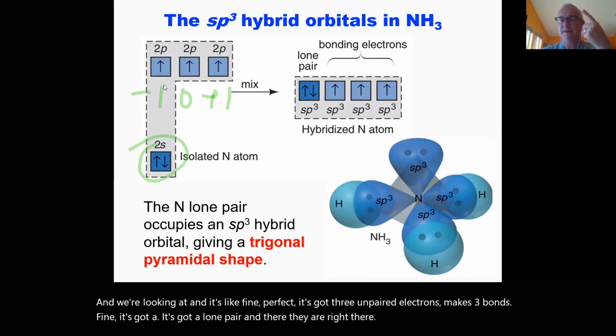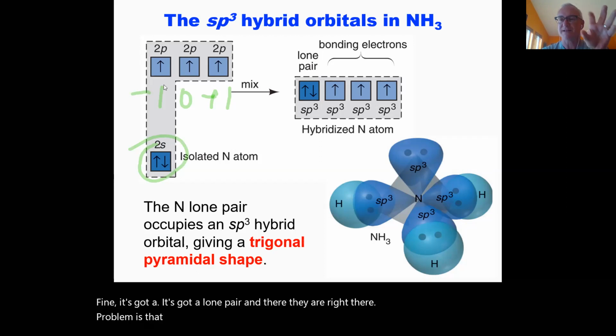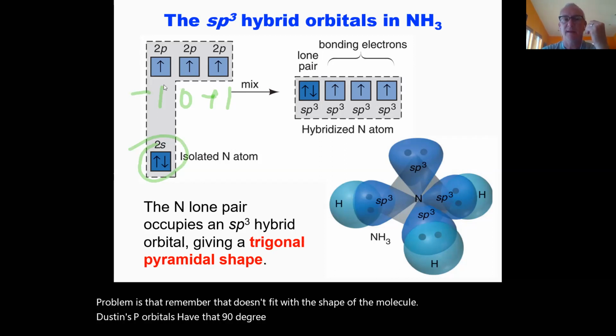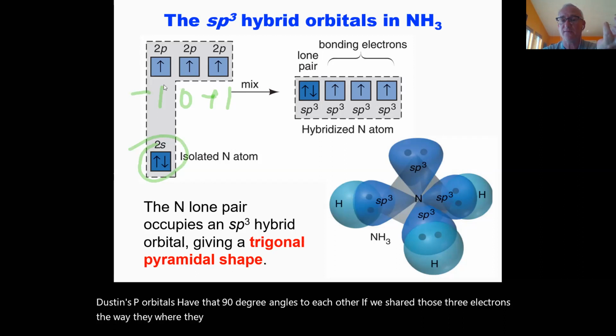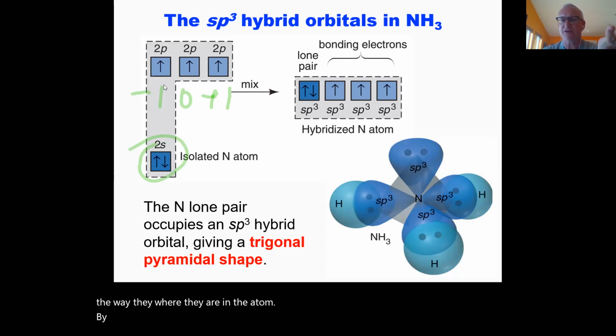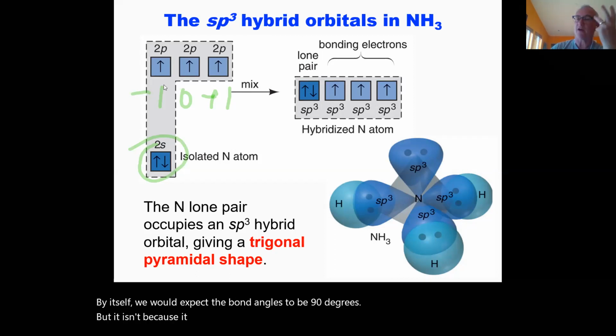Problem is that, remember, that doesn't fit with the shape of the molecule. Since p orbitals have 90-degree angles to each other, if we shared those 3 electrons the way they are in the atom by itself, we would expect the bond angles to be 90 degrees. But it isn't, because it takes on a trigonal pyramidal shape.